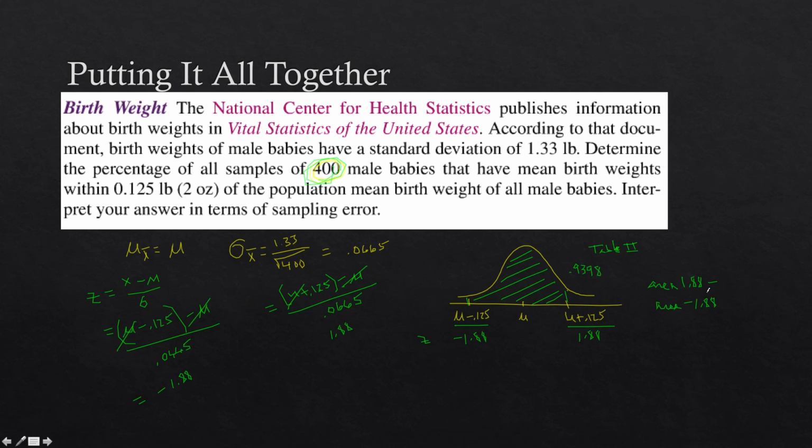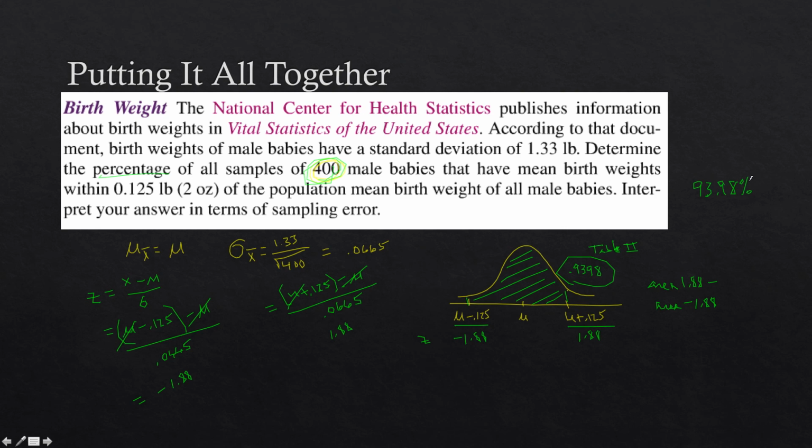Find 1.88 on Table 2, find negative 1.88, and subtract them. You should get 0.9398. Why is that of significance? Because we can change that back to the percent we wanted originally: 93.98%.